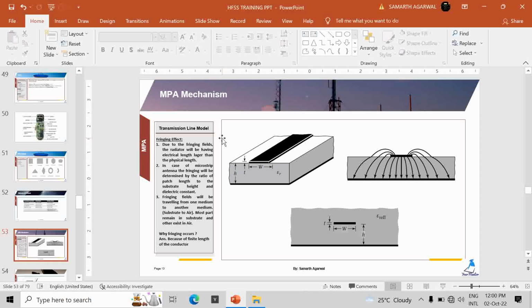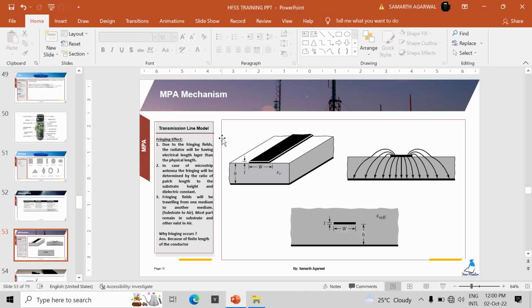Now, the fringing fields will be traveling from one medium to another medium, like from conductor to insulator or dielectric. So suppose substrate to air also. Most of the field will remain in the substrate and the rest will exist in air.